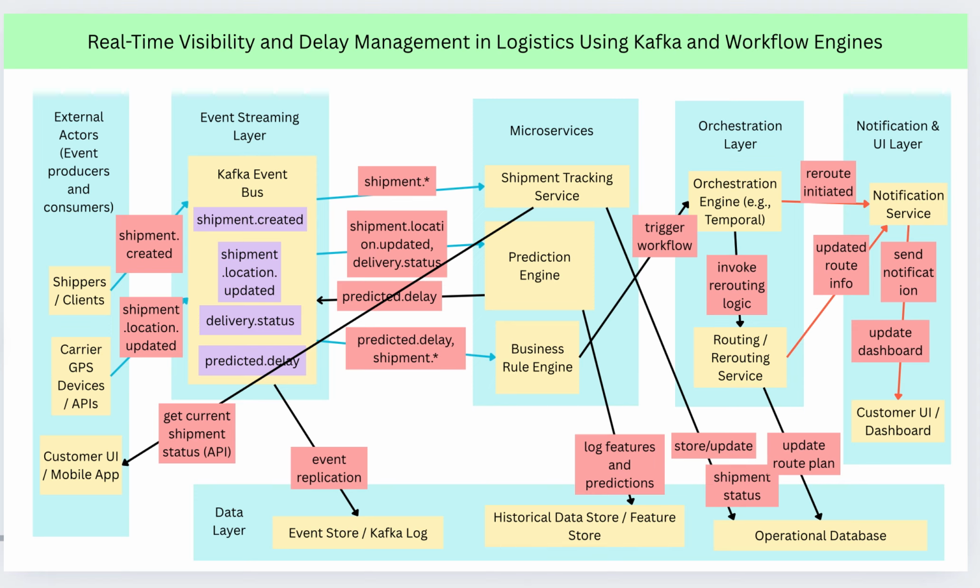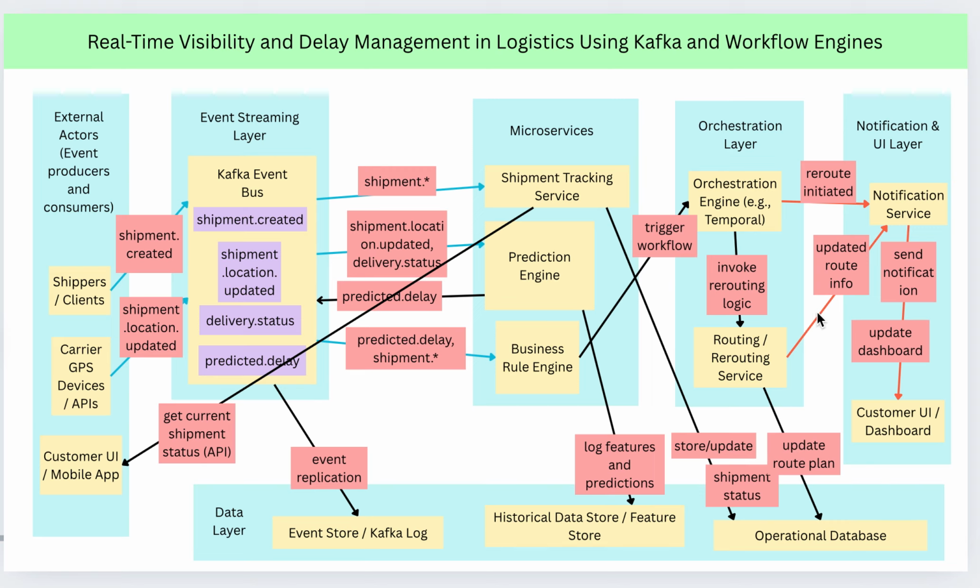And we have internal interactions represented by the black arrows. We can see internal interactions from prediction engine to Kafka and from rule engine to orchestration to rerouting.